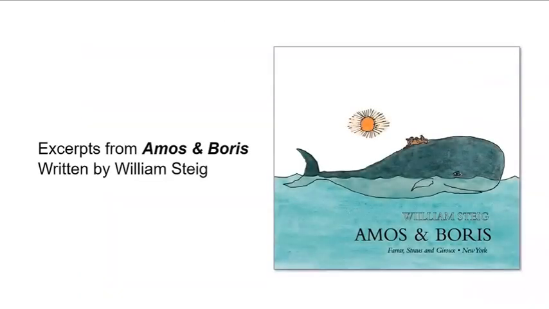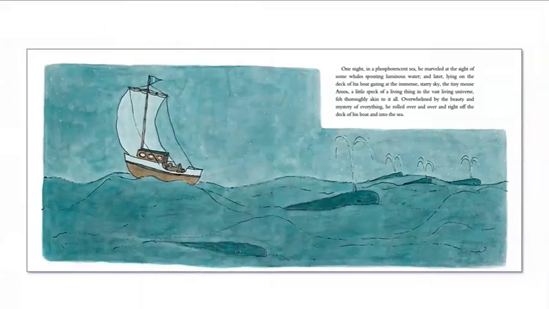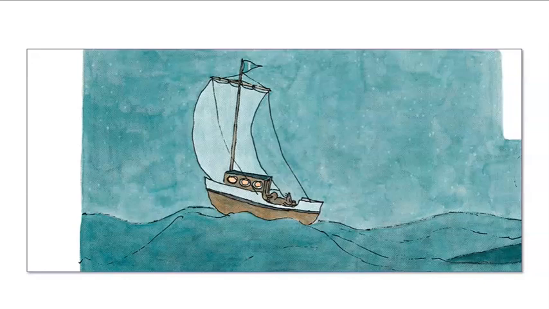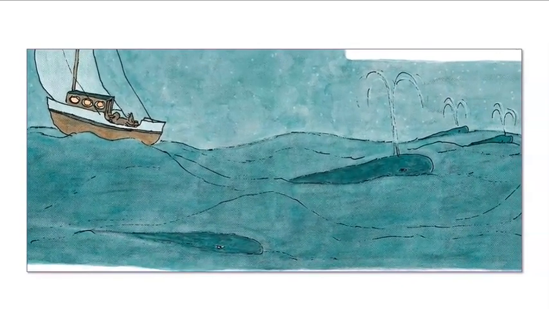Before we end the lesson today, let's go back to our story and see what happens next in Amos's journey. One night, while on the phosphorescent sea, he marveled at the sight of some whales spouting luminous water.